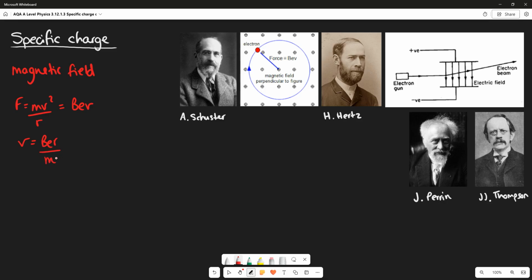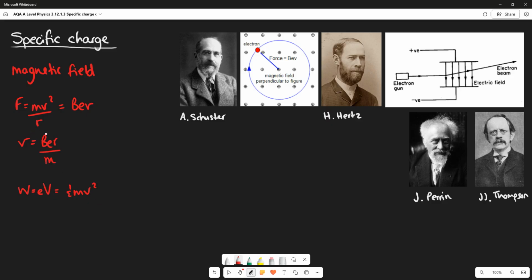He also understood that the velocity of the electron that's fired into this magnetic field comes from it being accelerated by an electric field. Look back at the video about thermionic emission to see that the work done to accelerate an electron comes from this equation here.